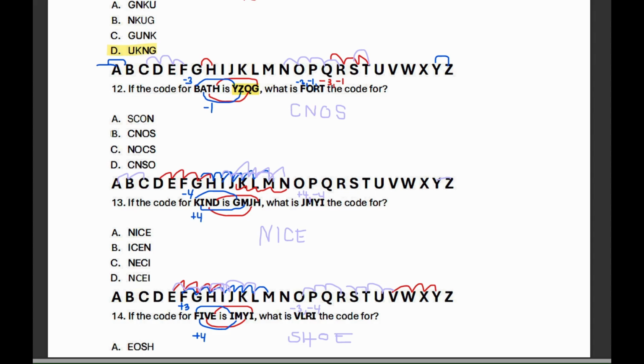All of the other options scramble the required shifts. The answer is B, CNOS. The formula is apply -3, -1, -3, -1 to F to C, O to N, R to O, and T to S.